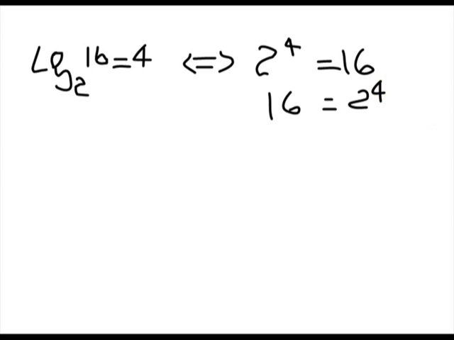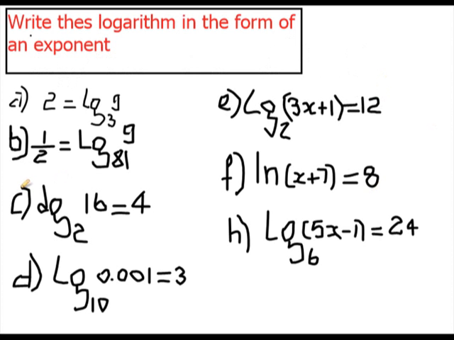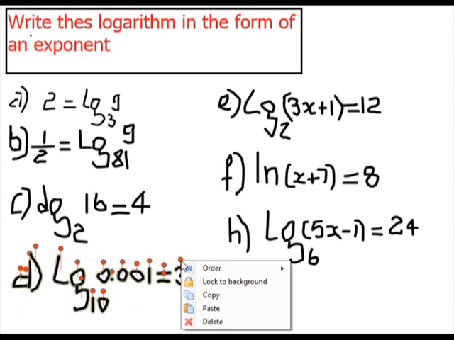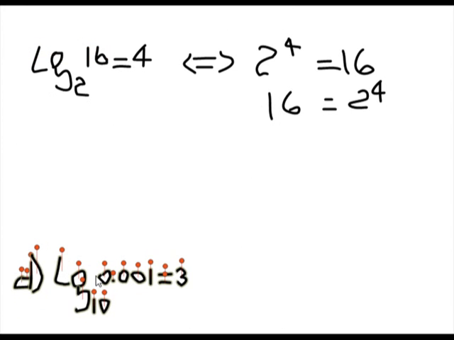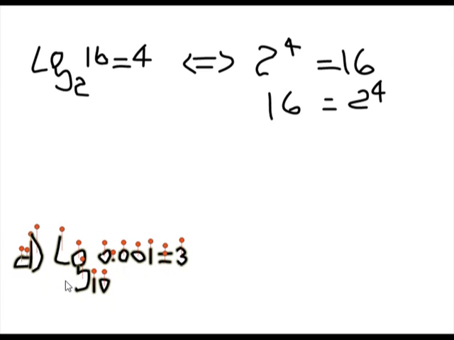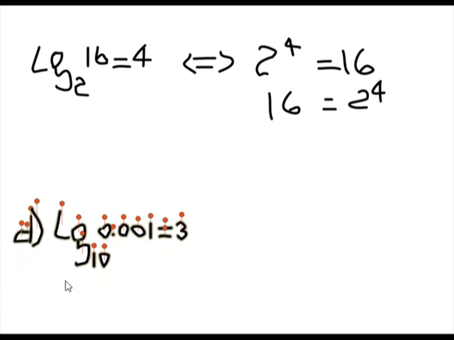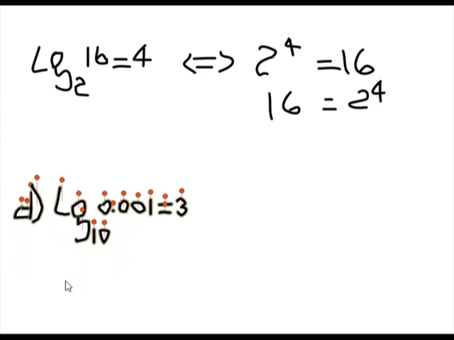So let's keep doing them. We'll do A, B, C. Let's do D. Let's make a copy of D. We're gonna solve D. To solve D, the same process: I know the base is 10.